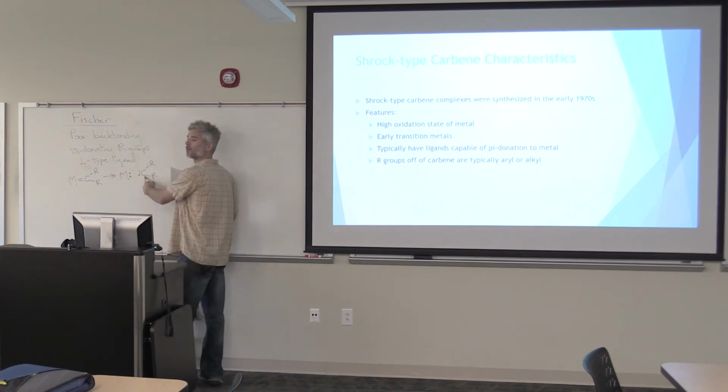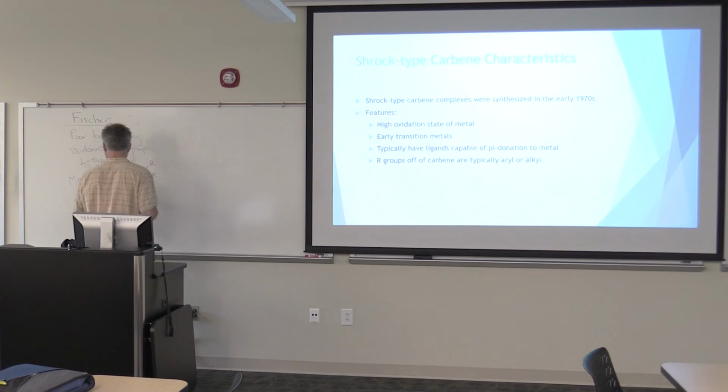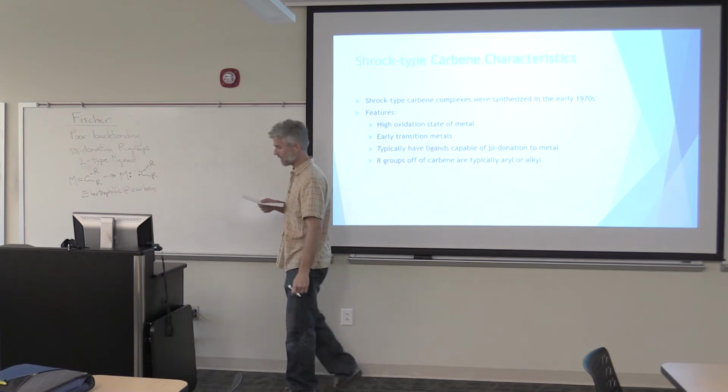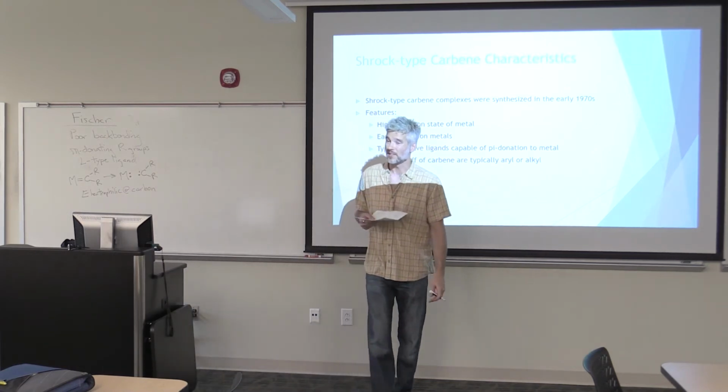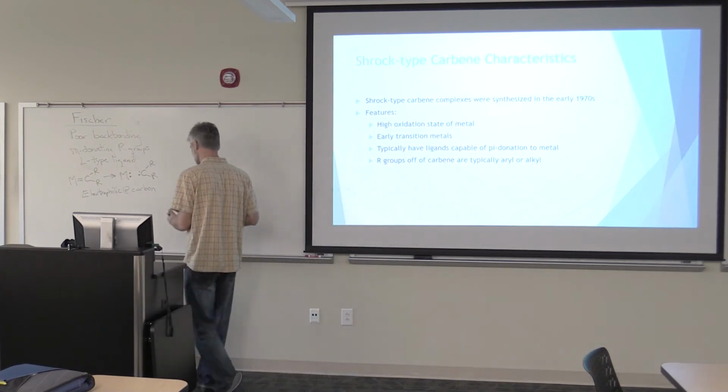And so overall, the ligand would be neutral. The carbon wouldn't be charged, and that's why we call them L-type. As far as reactivity goes, it's going to be electrophilic at carbon, which means it's going to carry a partial positive charge.